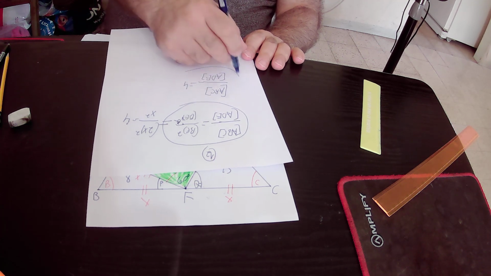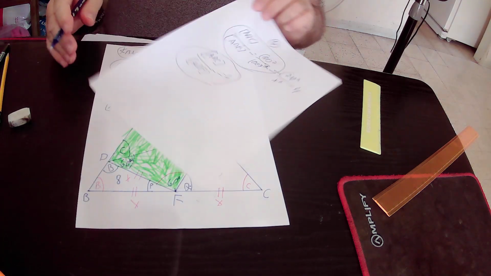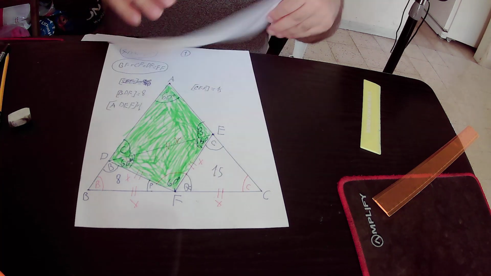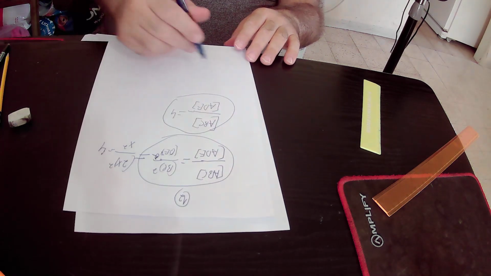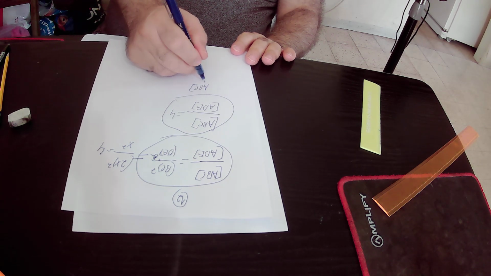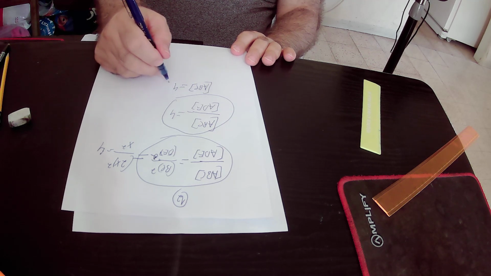So here we will multiply this equality by the area of triangle ADE, and we will get that the area of triangle ABC equals 4 times the area of triangle ADE.